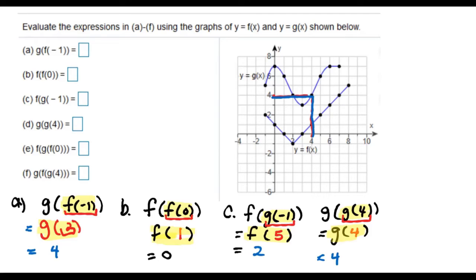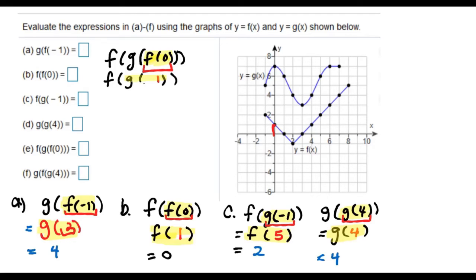The next one, I'll write it up here: f of g of f of 0. So we're going to start off with f of 0. I want to start with an x value of 0, go up to the graph of f, and that gets me to a y value of 1. So f of 0 is 1. And I'll carry down the symbols on the rest of this.